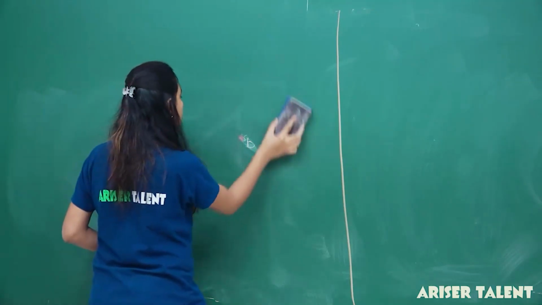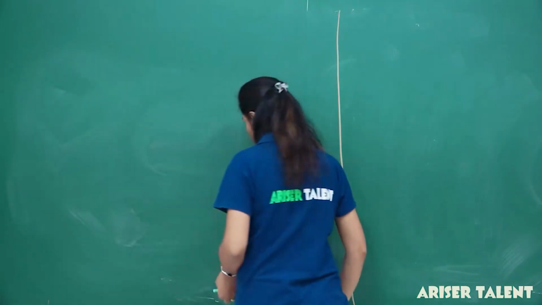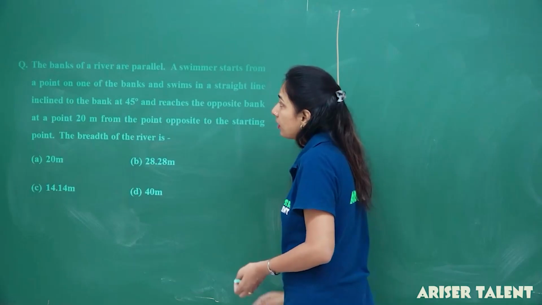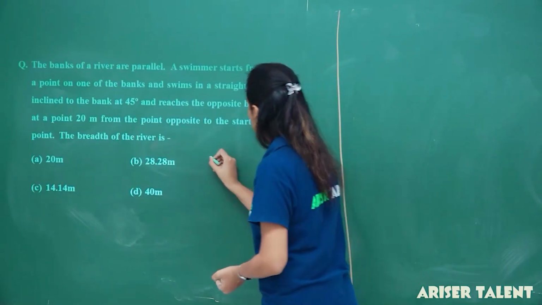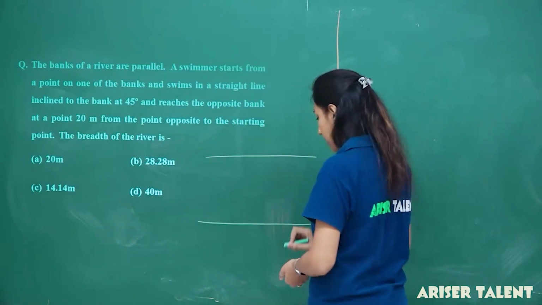Okay. So is this clear to you now? So we can simply know what is to be said in the question. The banks of a river are parallel. These are the banks of the river which are parallel.